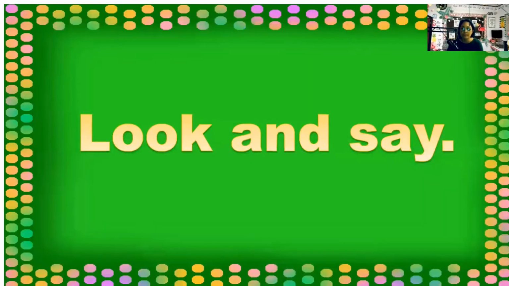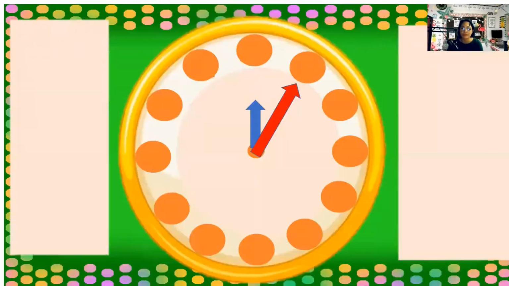Look and say. Right, so before we begin, let me explain a little bit that we call this one a clock. Usually, it looks like this. A clock has two hands, the short one and the long one.